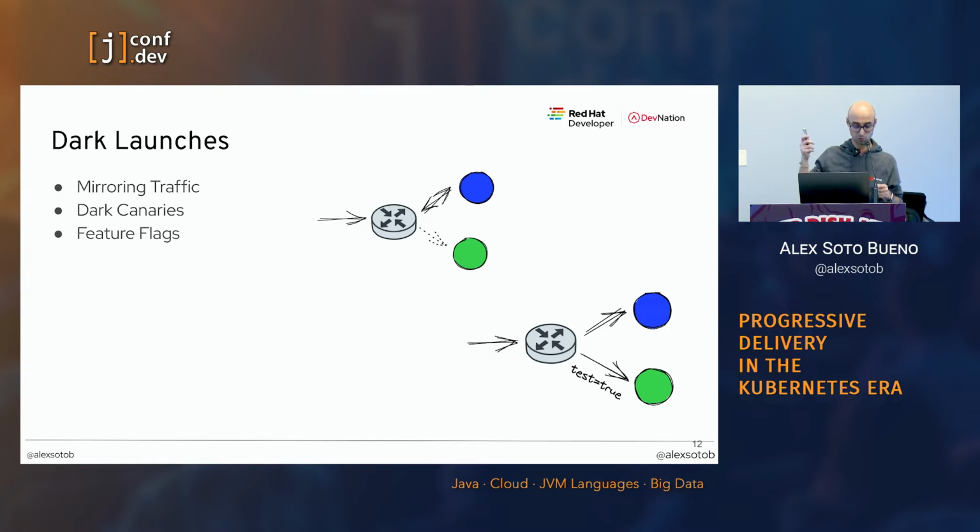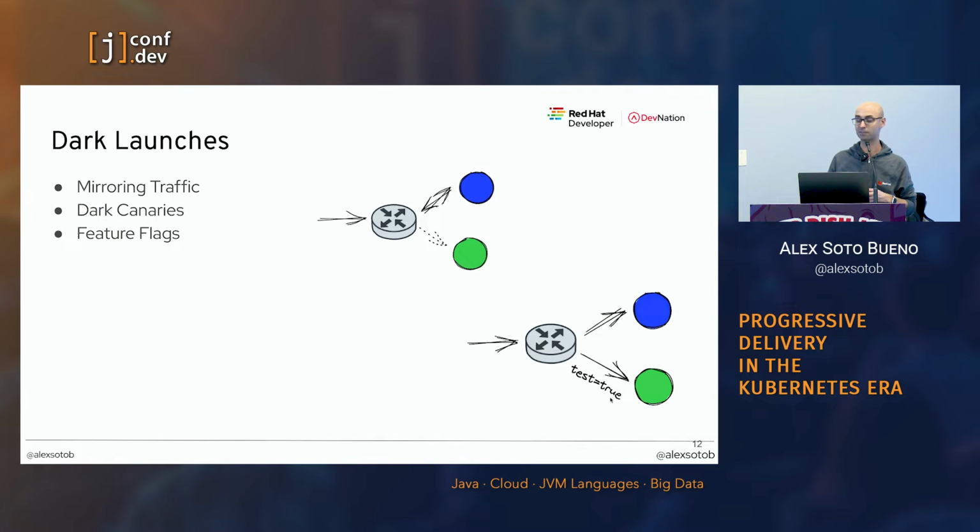Another option is using dark canaries. Dark canaries is something that is used, for example, in Facebook. I will explain in a few moments. Basically, it's this schema, which you can think of as kind of a canary release, but now instead of sending the traffic depending on a percentage like 10%, 15%, 20%, and so on, you are just setting a flag.